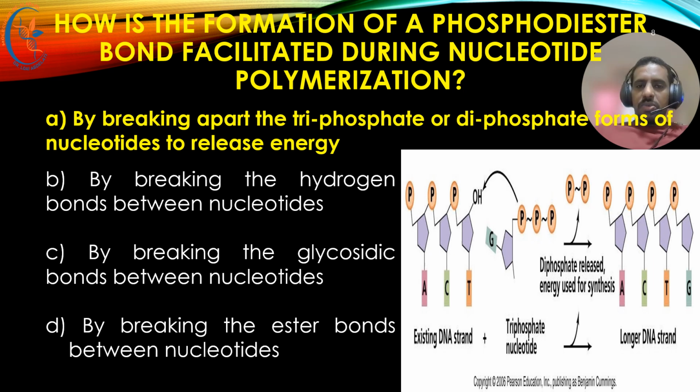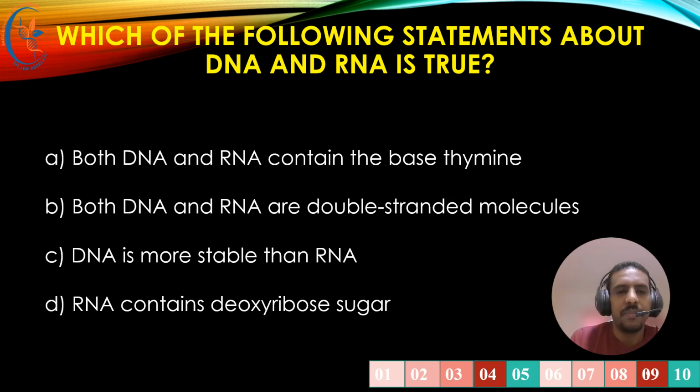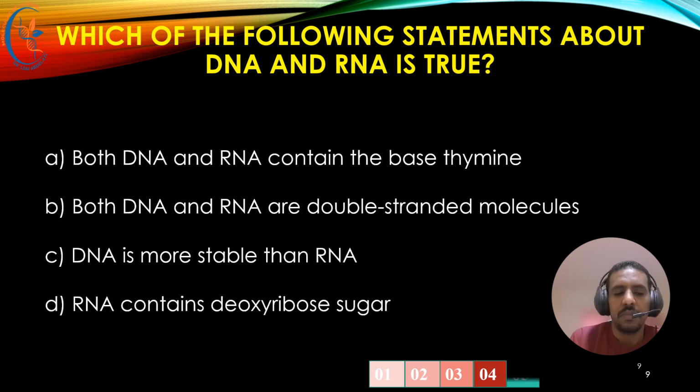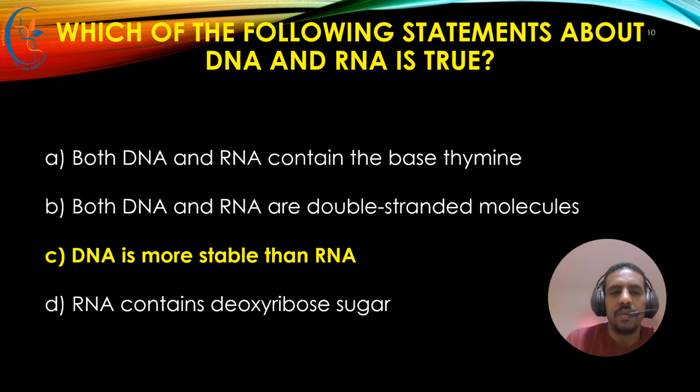So let's move to the next question. Which of the following statements about DNA and RNA is true? All right, the correct answer is C. DNA is more stable than RNA.